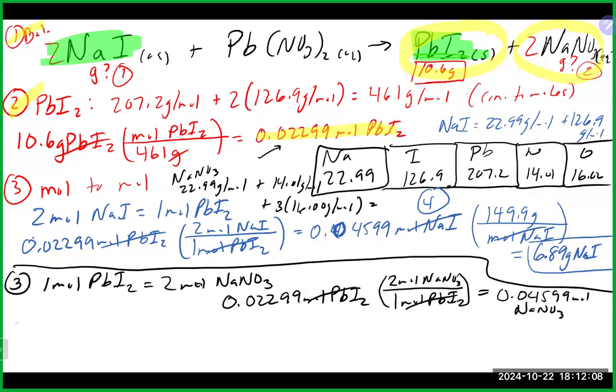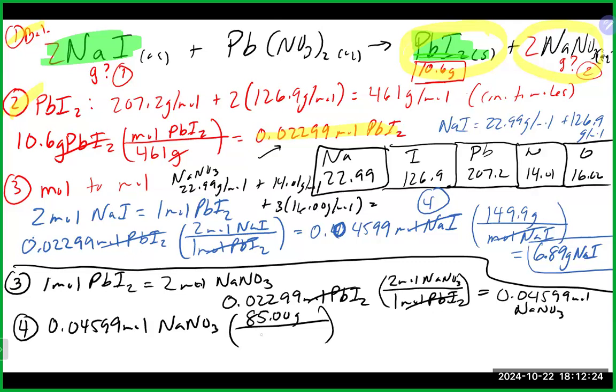85 grams per mole. So our fourth step here, taking the number that we had, using the molar mass from the periodic table to figure out how many grams that would be. That was 85 grams per mole.